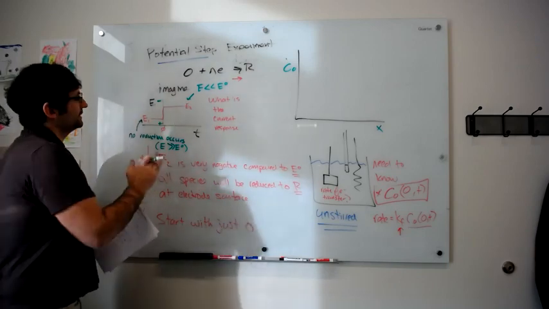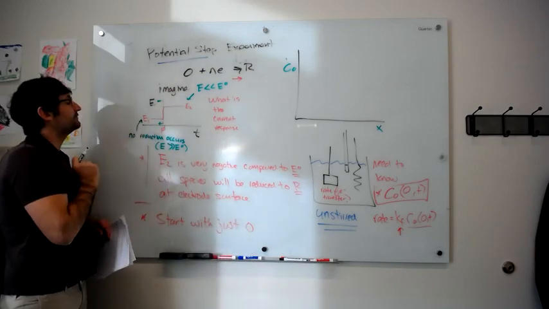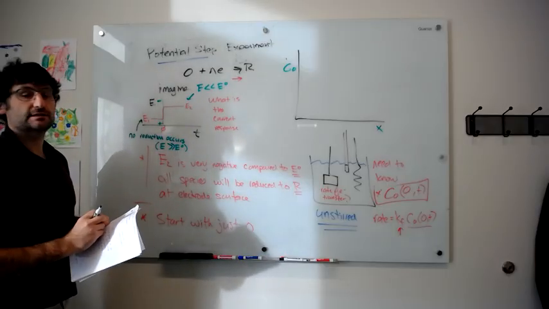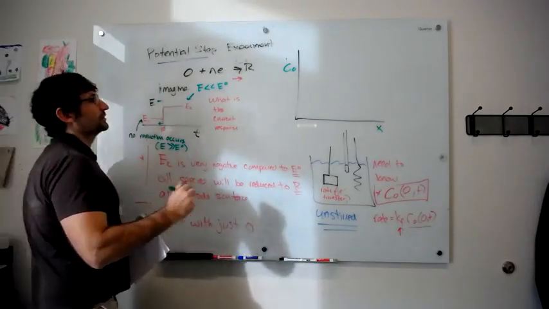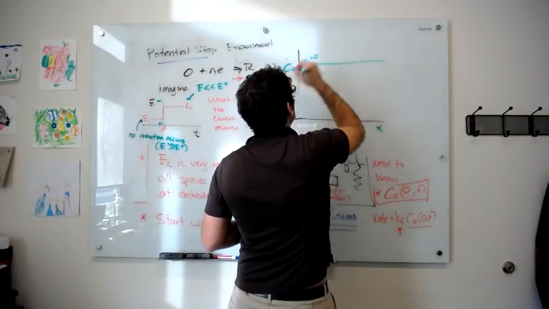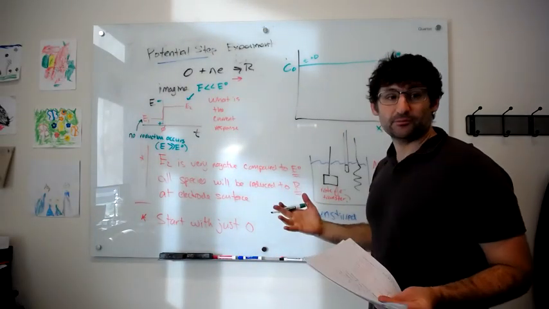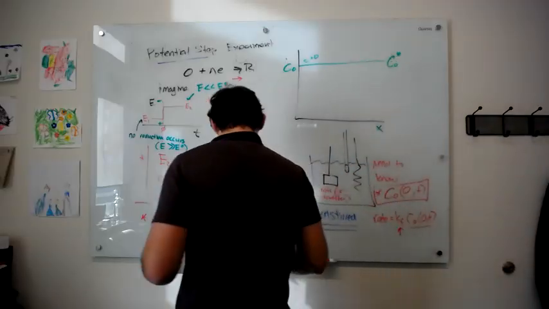That's what I meant to write. So for negative time, the concentration is going to be determined simply by the bulk concentration in the solution, because there's no reaction occurring. At t equals 0, this is going to be CO star. So everything's in equilibrium when we start the experiment.